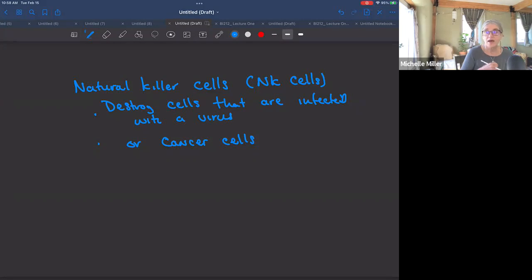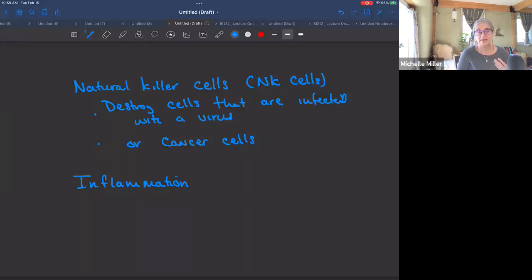Now, a process which is also in this category of innate immunity is what is called inflammation. So inflammation happens when you get injured. It could be external, like when you get a cut. You could also have inflammation internally.